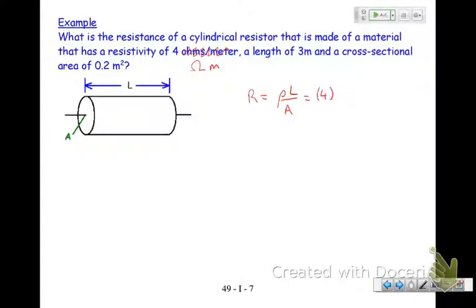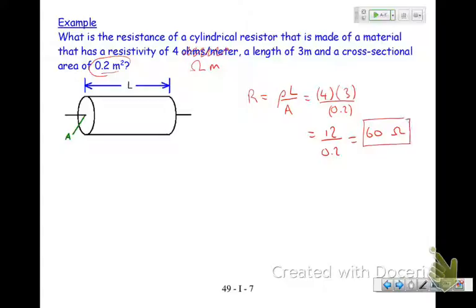I'm in SI units, ohm meters, so I don't need to worry about that. And my length is 3, and my area. So here I'm giving you a little bit of a curve. Oh no, I'm not actually. I've got it in standard units. So that's 0.2. So that's going to be 12 over 0.2, which is 60, I think, 60 ohms.